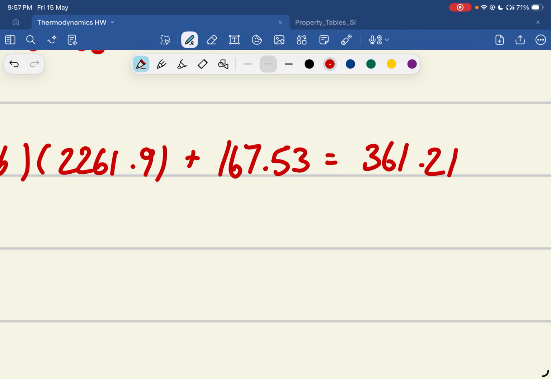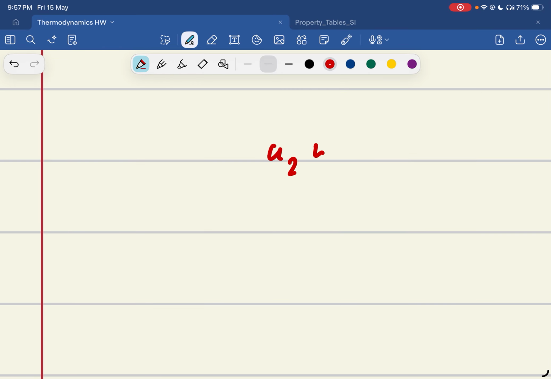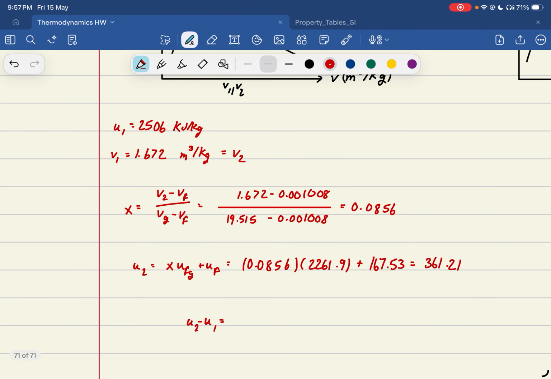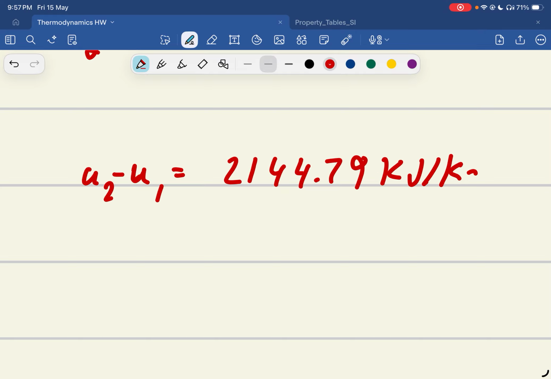From that we can find our change in internal energy. u2 minus u1 is 361.21 minus 2506, which is negative 2144.79 kilojoules per kilogram.